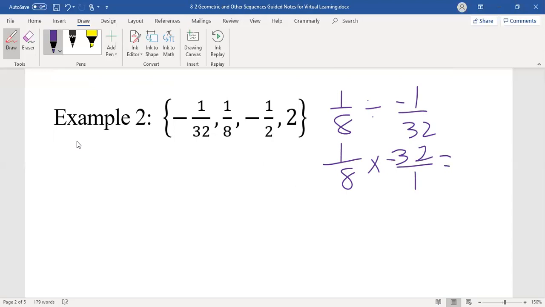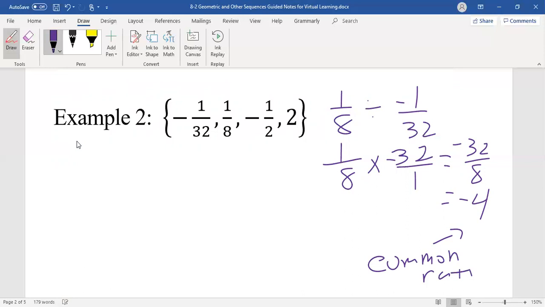A negative times a positive will be a negative, so negative 32 over 8. So my common ratio would be negative 4. Then we define the next term: 2 times negative 4, which will give me negative 8. And I'm done.